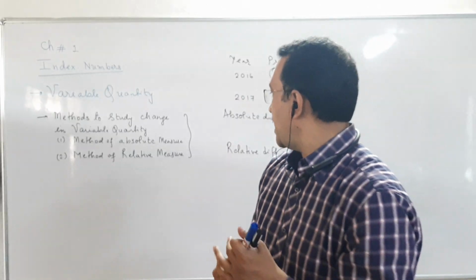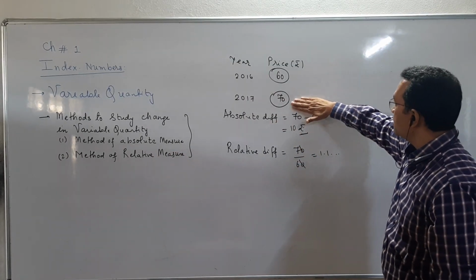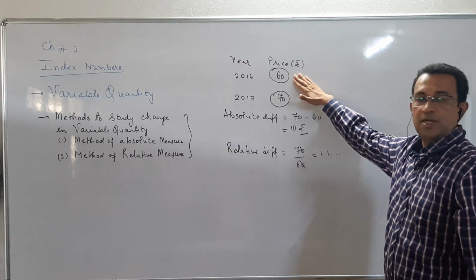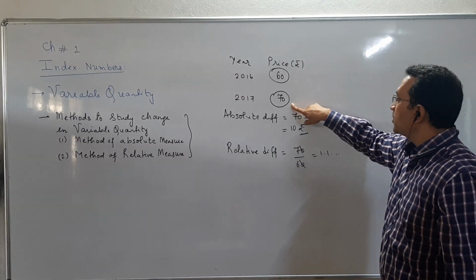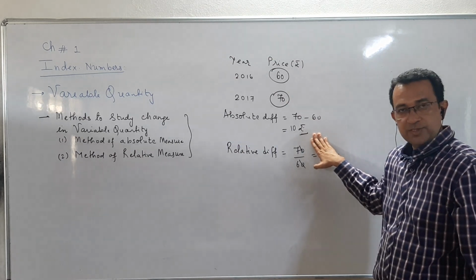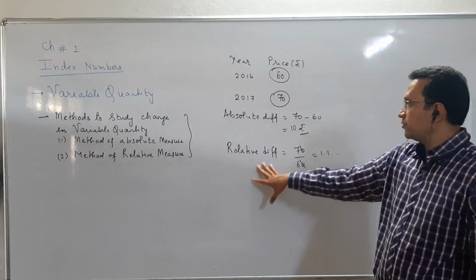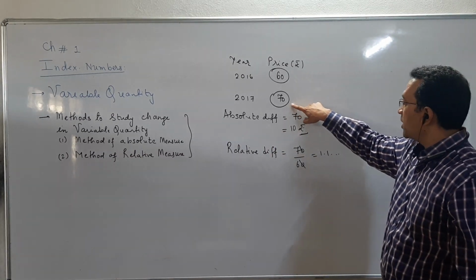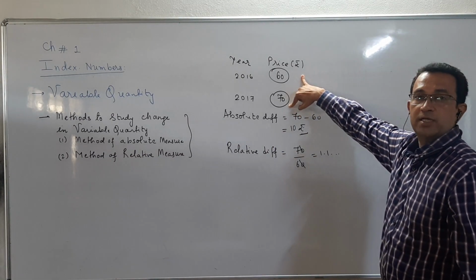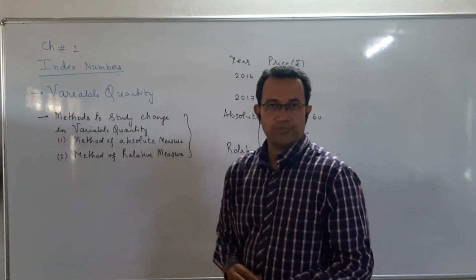In the method of absolute measure, we just take the difference of higher year price minus lower year price. So 2017 price minus 2016 price, which gives me 10 rupees. And in the method of relative measure, we take the ratio of the higher year price to the lower year price, that is 1.1 something.